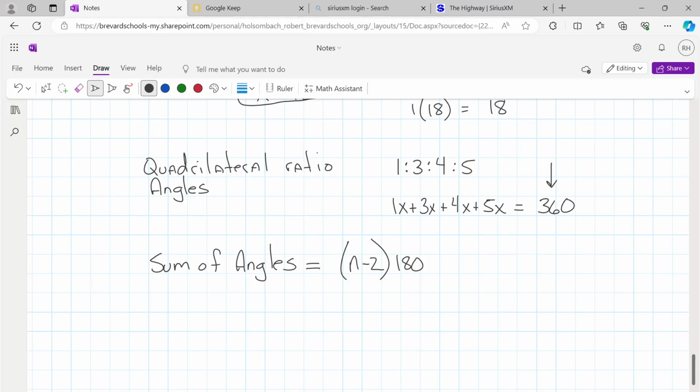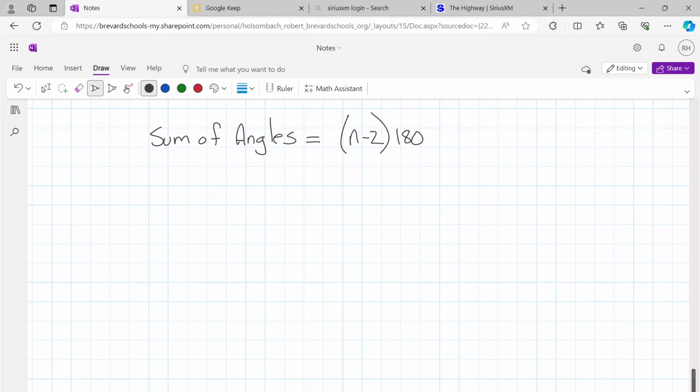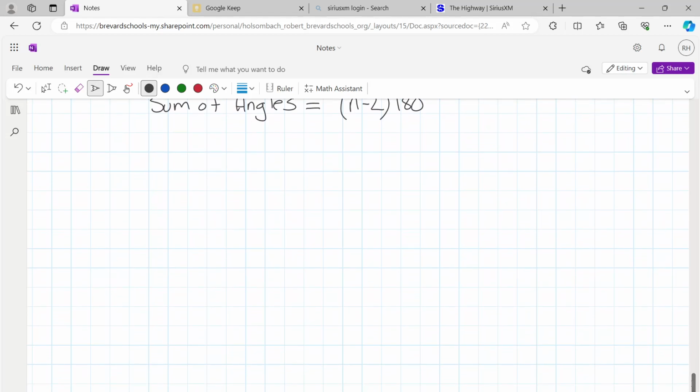All right? So any questions on any of those examples? All right, then your practice for today is going to start on page 464 again.